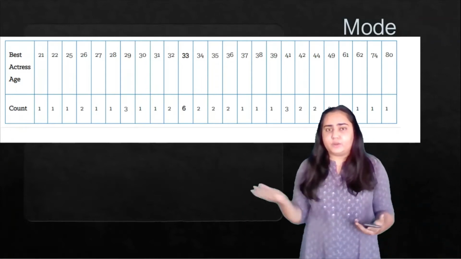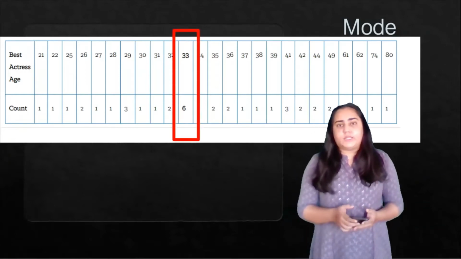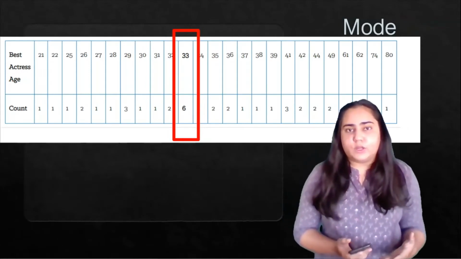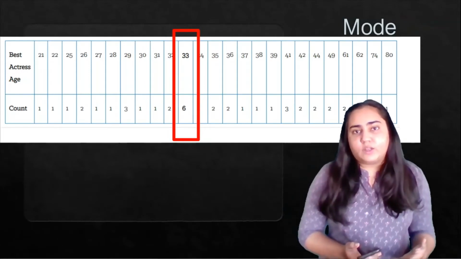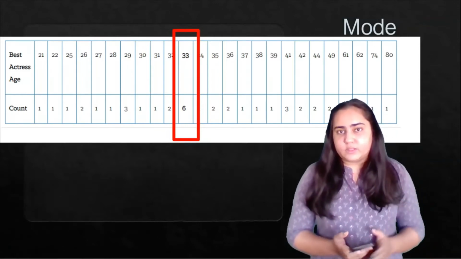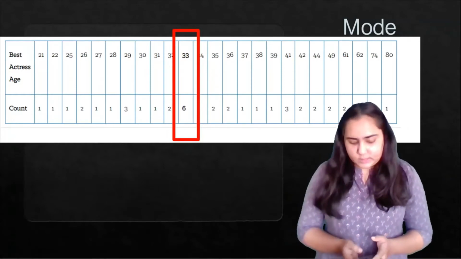Once we have found all these counts, we can show that 6 is the maximum count, and that count belongs to the age of 33. So 33 would be our mode for this data. 33 is the mode for this data set.